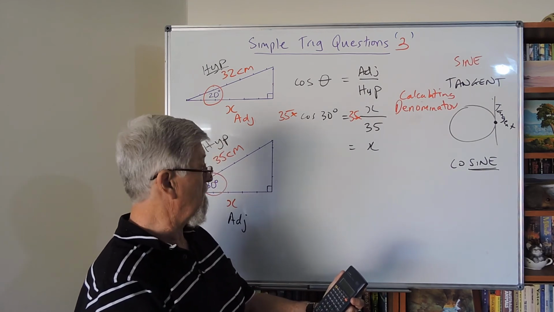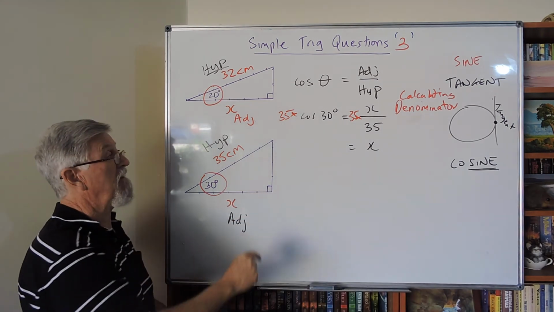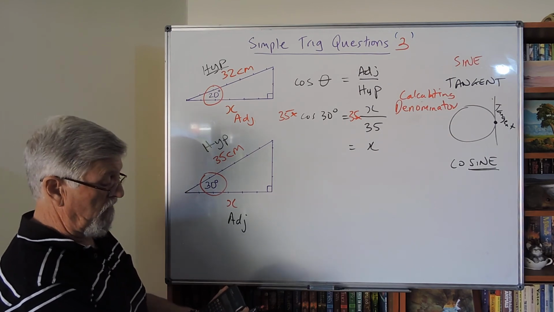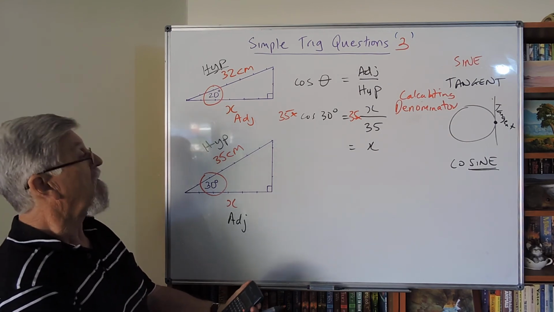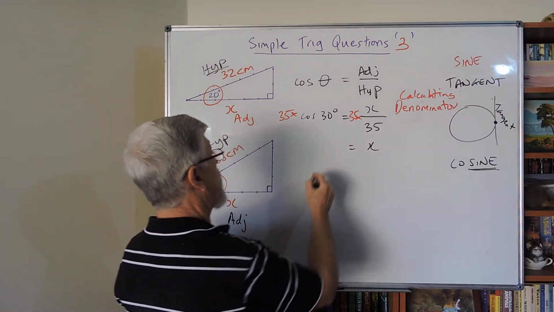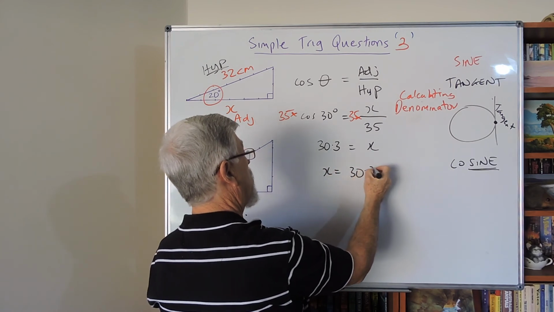And I've got 30.3, so again fairly accurate. I could go more accurate if I wanted to and figure out what it really was. So what have I got? 35 times the cos of 30 is 30.3. So we're talking about x is about 30.3 centimetres.